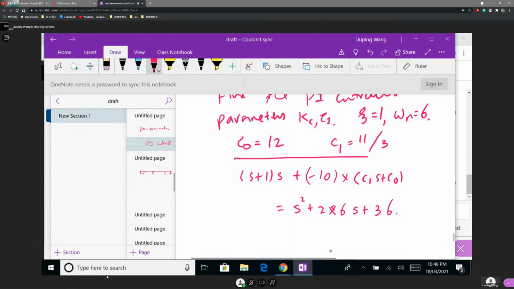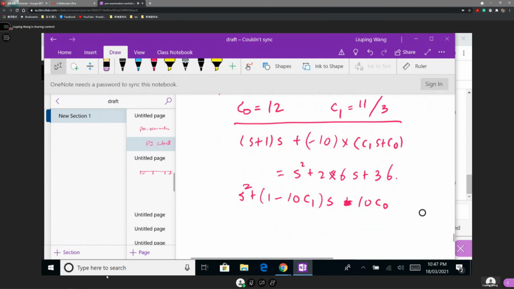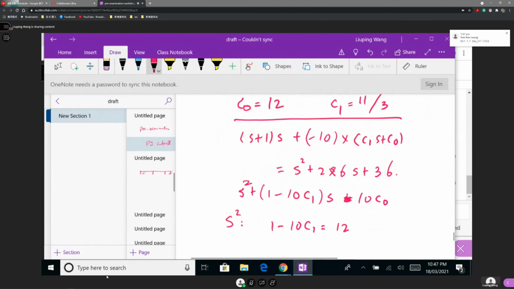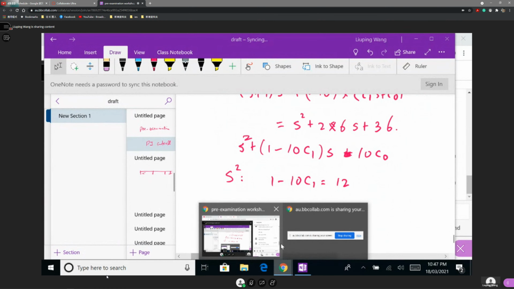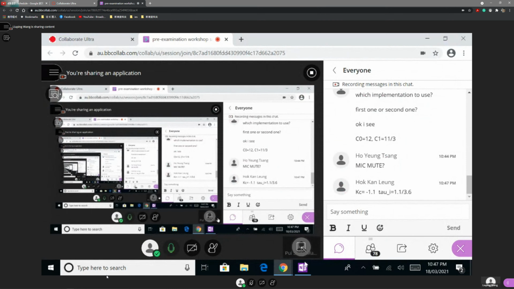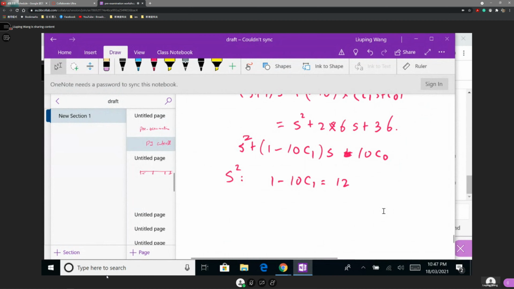Someone, how did someone get this number? So what are you going to get? It's s squared plus (1 minus 10 C1) s plus ... So compare: 1 minus 10 C1 equal to 12.